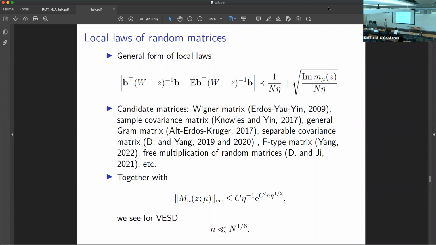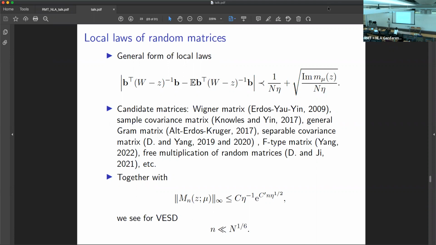So there are many different matrices whose local laws have been derived, especially by the group of Erdős and Yau, so you can take any matrices you want, once they satisfy this local law. Based on these local laws, we can see why we have this upper bound. On one hand, for the VSD, the best local law you can get is 1 over square root of n times eta. You can think of eta as related to n, because we want to control the imaginary part.